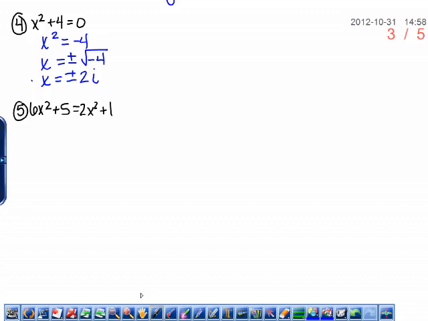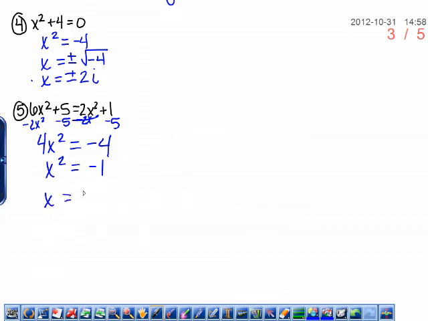Yeah, I don't have to set it equal to 0. So let's get x squareds over here. So minus 2x squared, minus 2x squared. So I get 4x squared, subtract the 5. 4x squared equals negative 4. You guys okay with that? All right, what do I do next? Divide by 4. So I get x squared equals negative 1.